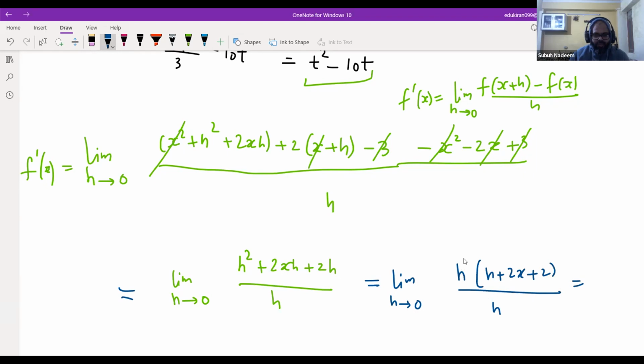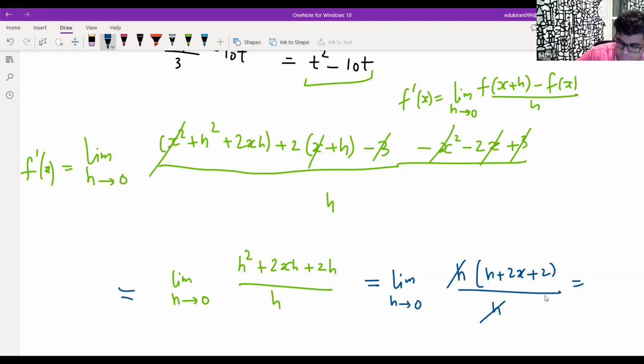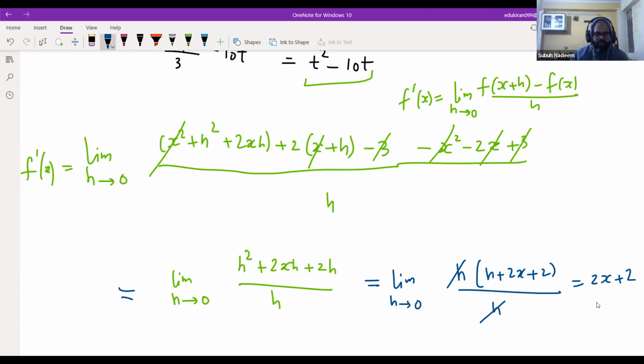Now you can cancel h from numerator and denominator. Now can you place h as 0 with the 2x plus 2? This will be your answer. Okay, done.